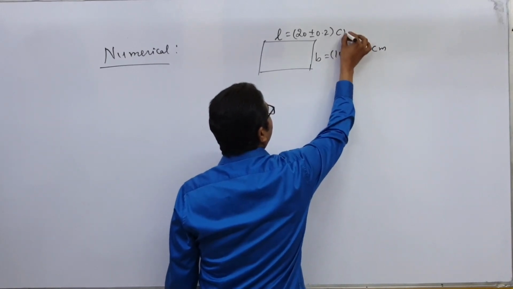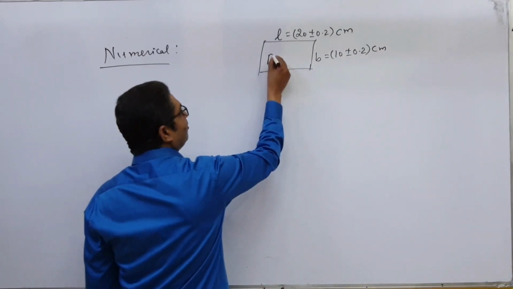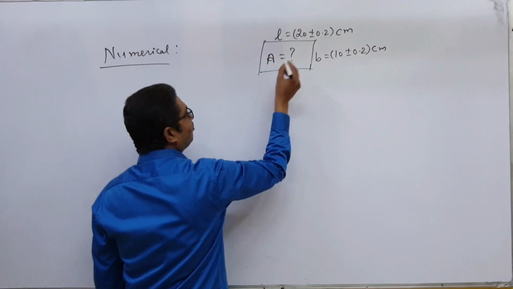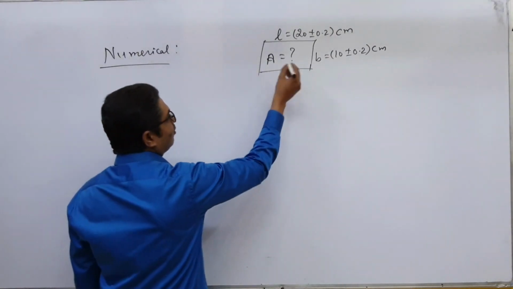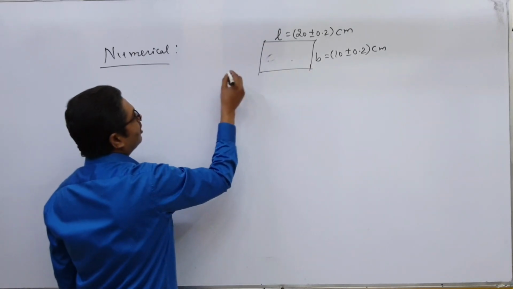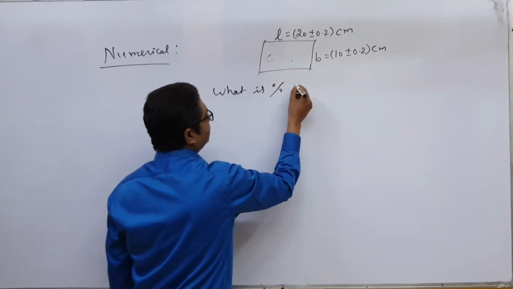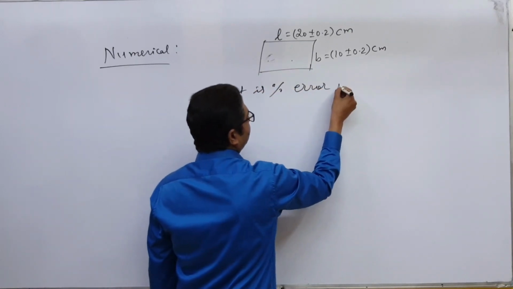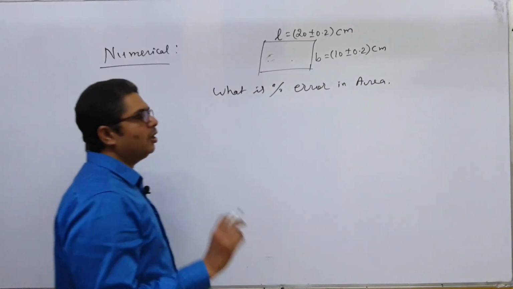Now you have to find the area. What is the percentage error in area? So how will you solve it?